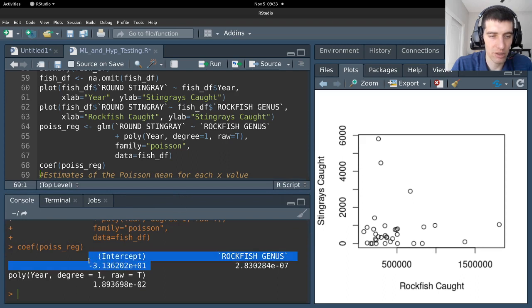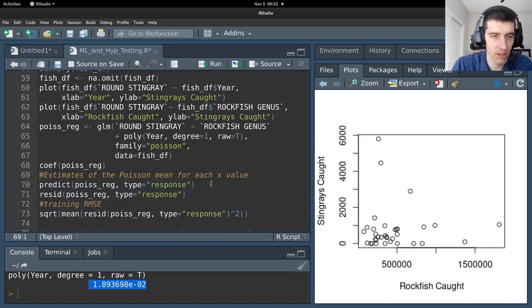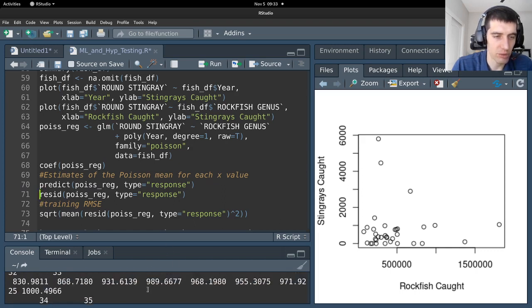I have my intercept, I have the rockfish genus coefficient, and then I have the year coefficient. Again, I can come up with my predictions. Here I will use type equals response.